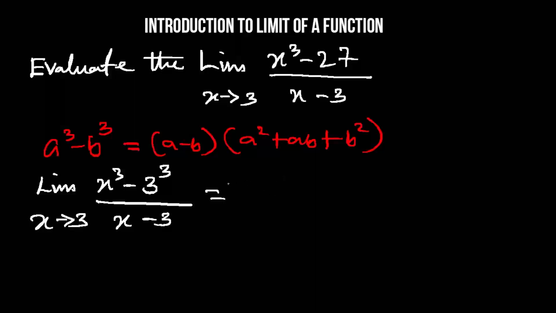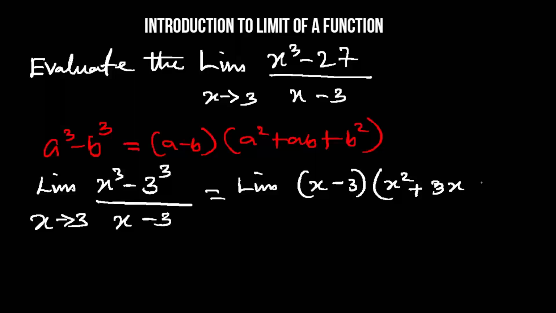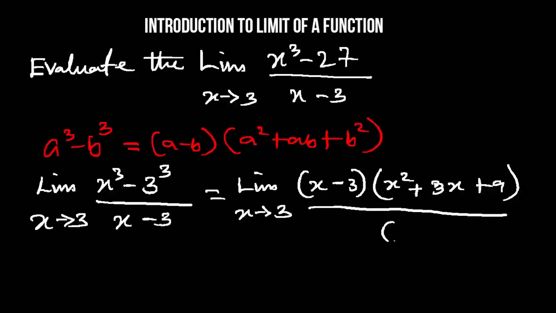So we write this as the limit of (x minus 3) into bracket (x squared plus 3x plus 9), because 3 squared is going to give us 9, as x tends to 3. Everything divided by x minus 3.